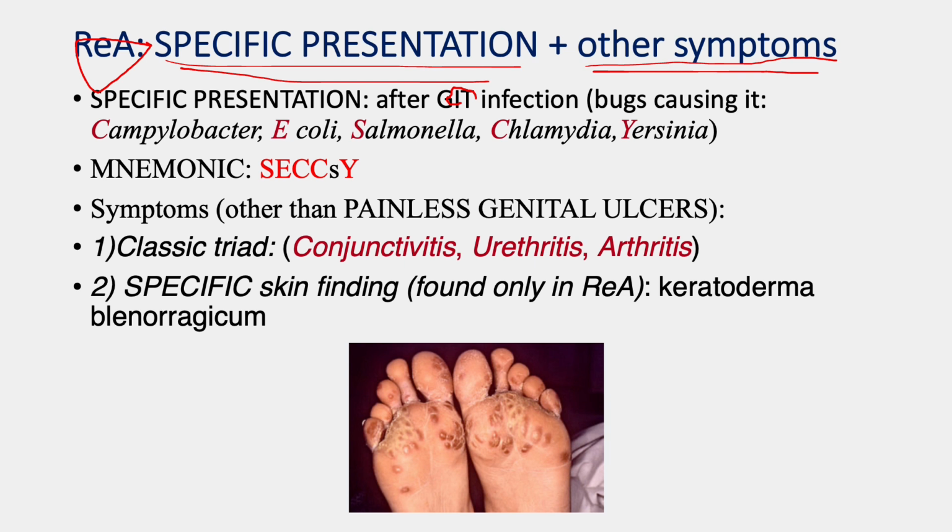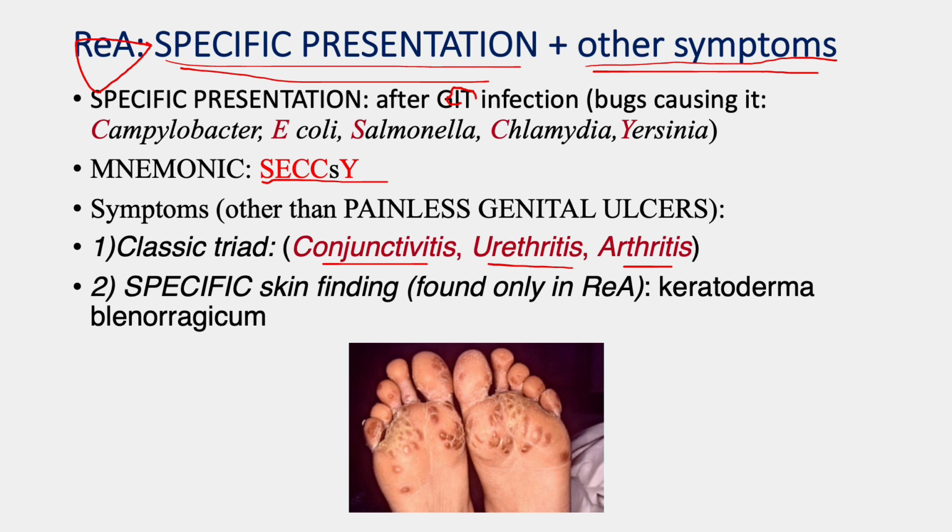So remember the mnemonic SEXY to remember these bugs. And the potential symptoms are the typical triad of conjunctivitis, urethritis, and arthritis. To remember these symptoms, you can remember the mnemonic can't pee, can't see, and can't climb a tree.